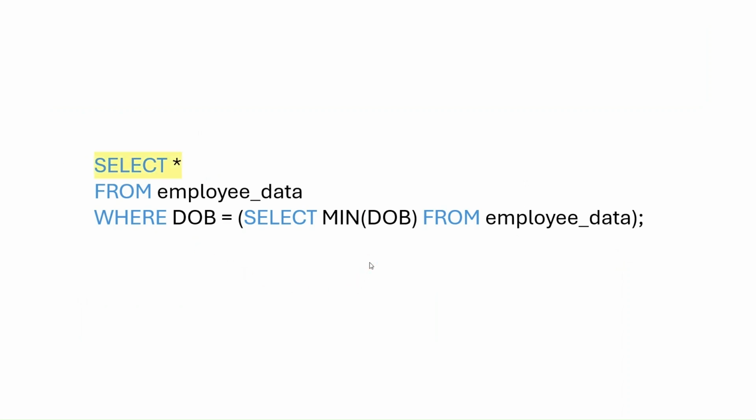So first, we have a select all from the employee data table, and where the date of birth is equal to open parentheses, select minimum DOB from employee data, close parentheses, and then we now have our semicolon at the end. So now the subquery here is the query encased in parentheses. So it's the select minimum DOB from employee data.